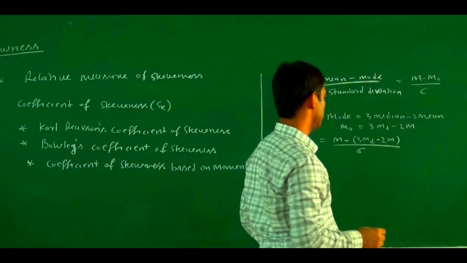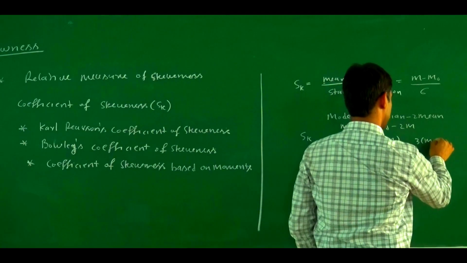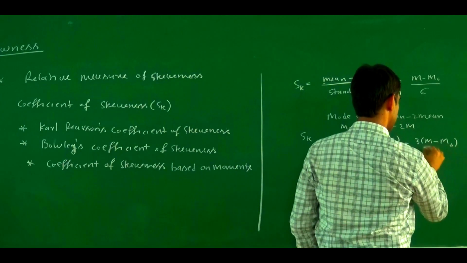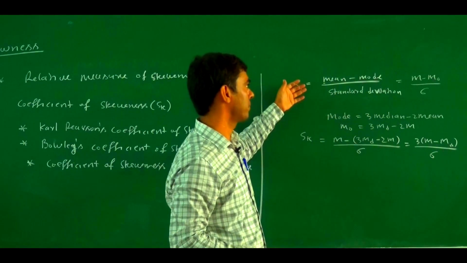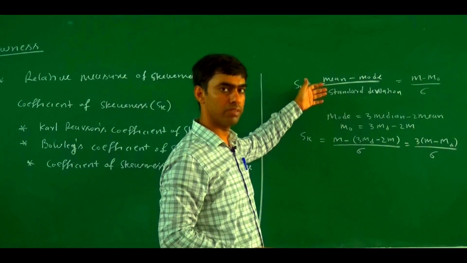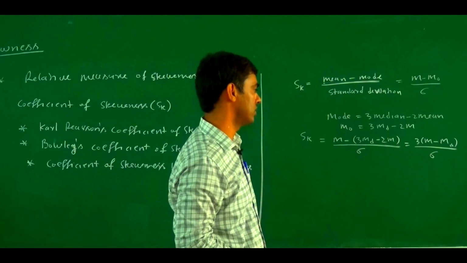If we simplify this, it becomes 3 times mean minus median divided by sigma. So this is also a measure of the coefficient of skewness.